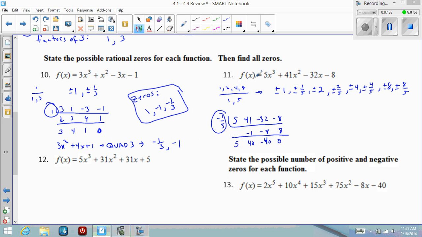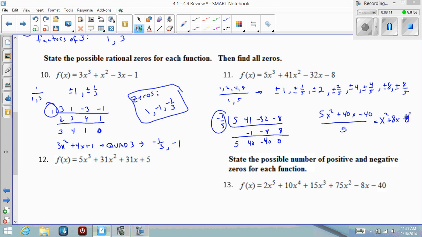And now, because I started with x cubed, I have my polynomial here with x squared. So 5x squared plus 40x minus 40. Now, because we're just trying to find the solutions at this point, I might notice that I can factor out a 5 here. So if I divide everything by 5, I will get x squared plus 8x minus 8.